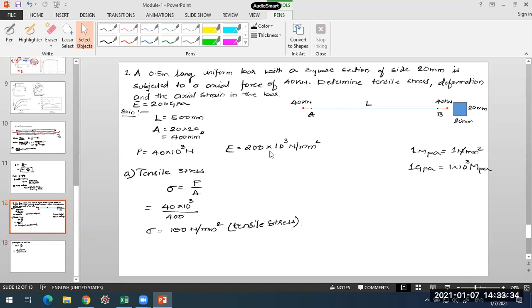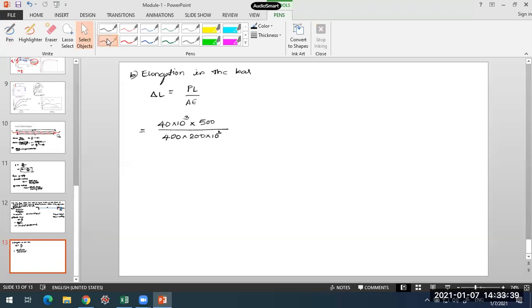If I put all these values here, I get the change in length. The 10 raised to 3 cancels, and it comes out as 0.25 mm.